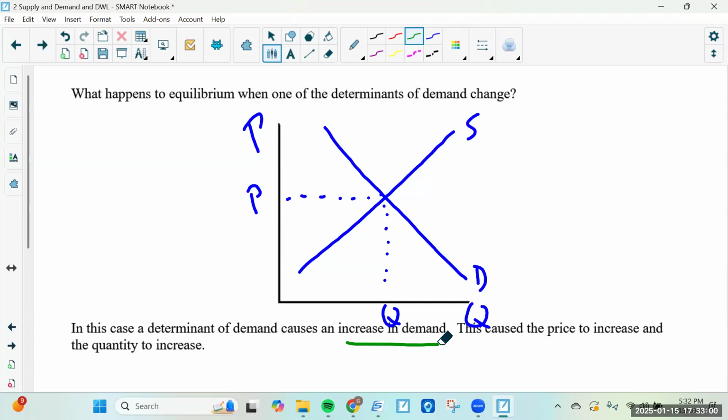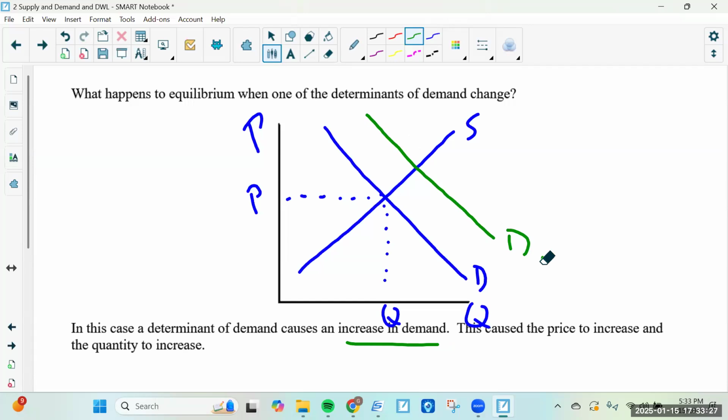So right here, I'm just telling you there's an increase in demand. Super simple. What happens here? That would shift the demand curve to the right. Well, the immediate effect is that the seller doesn't know there's an increased demand.